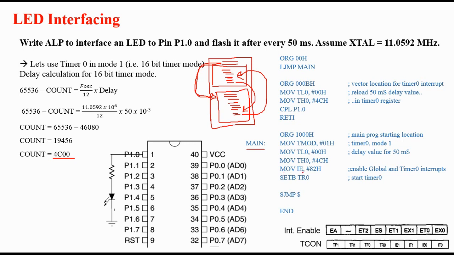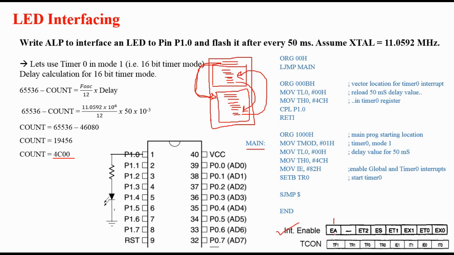Then MOV IE, #82H. Last time we had discussed that we are generating a 50 millisecond delay by using the interrupt mechanism. So for that purpose we will have to make the interrupt enabled. Now there is a register called interrupt enable, you can see at this place.